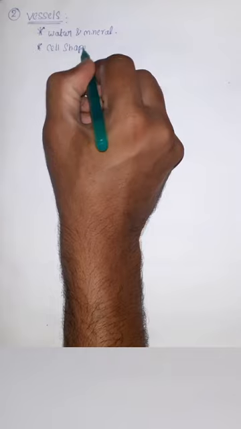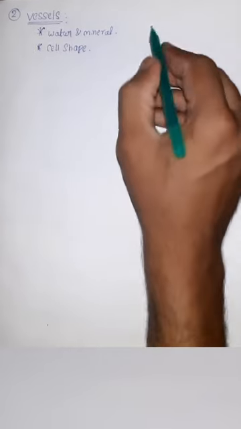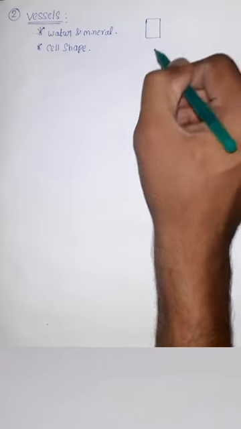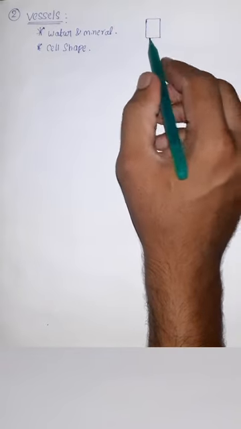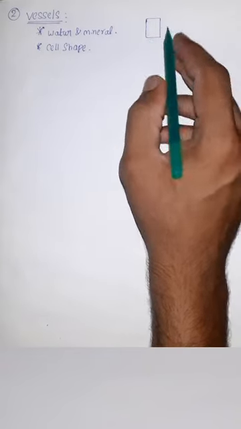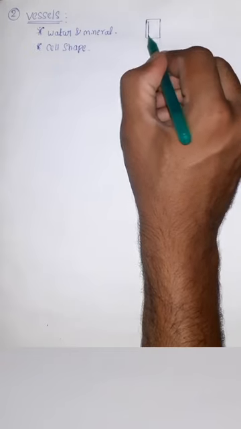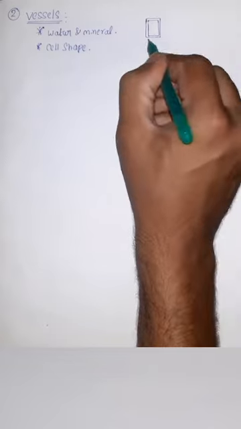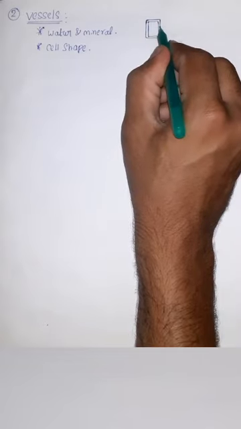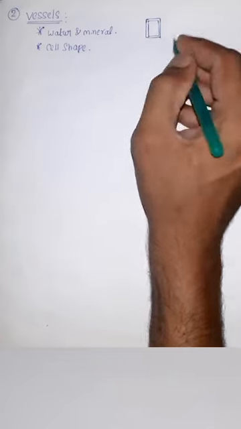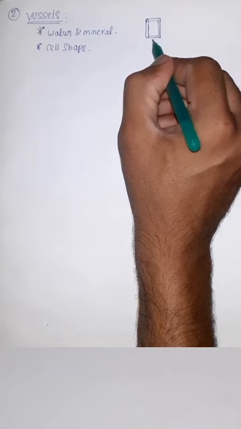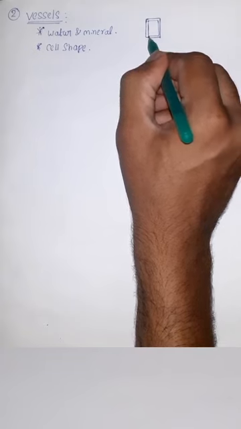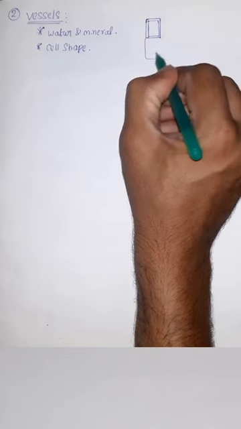Here the cells are short when compared with tracheids. The cell is not elongated. The cells are tube-like with flat ends, and they are placed one upon another, like this.